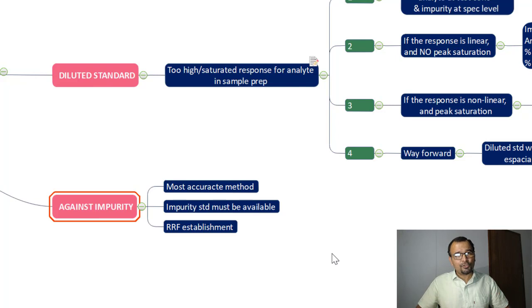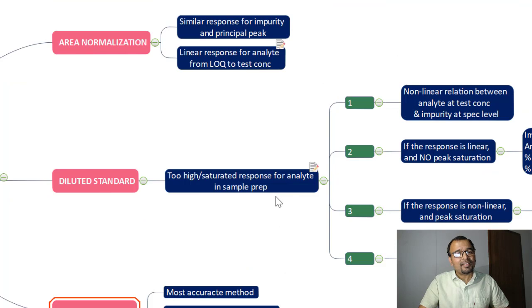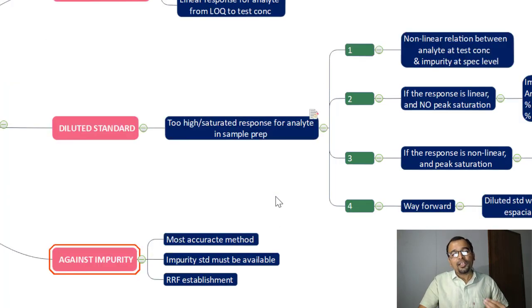Now, to sort out this issue, one can evaluate the relative response factor for the impurities. And the moment you have the relative response factor in your hand, the same can be used during the calculation. So by this way, one can use these three different techniques: area normalization, diluted standard technique, or impurity against impurity calculation to evaluate the chromatographic purity of your sample.